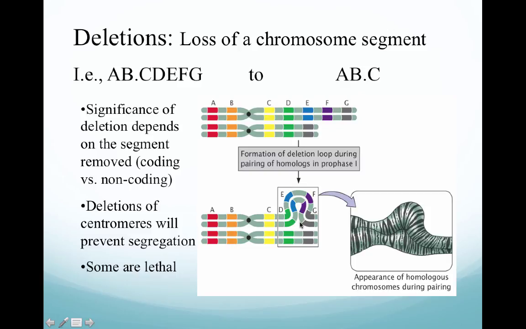And what ends up happening is we can get some of those loops actually forming again to try to match up with its gene partner in metaphase, and then we really have unequal separation in anaphase, so that the homologous chromosomes actually end up looking like this during pairing because they're trying to form that loop to get those genes to match up correctly.